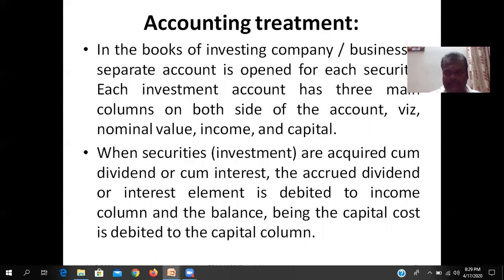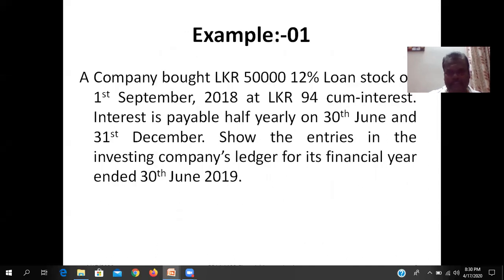At the same time, if we invested our money in different investments, we will get returns in terms of interest or dividend. Whenever we get income from the investment, the double entry would be bank account debit, investment account credited. The investment account credited means it will be recorded on the credit side of the investment account, within the income column. So these are the accounting entries for the investment.